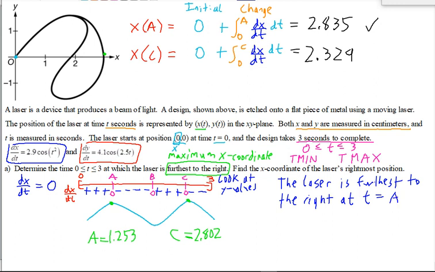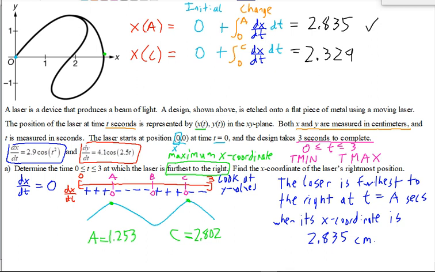Just put the units for time here, seconds. When its x coordinate, because that's for the x coordinate, is 2.835, and the units here, notice for the x and y, they're measured in centimeters. If you did have to justify it, all you'd have to say here is since x of a is greater than x of c.